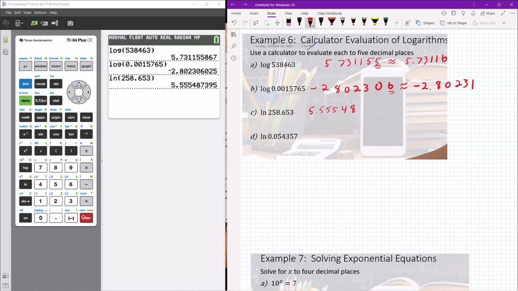5.55548. The 6th decimal place is a 7. So this will round to 5.55549. We make that look like a 9. There we go. And then finally, we have the natural log of 0.054357.